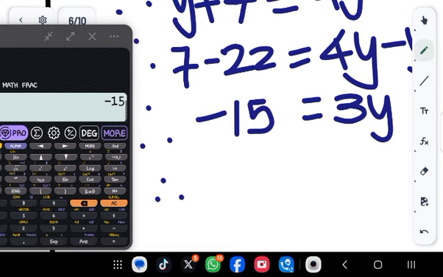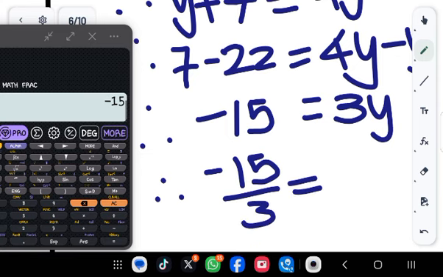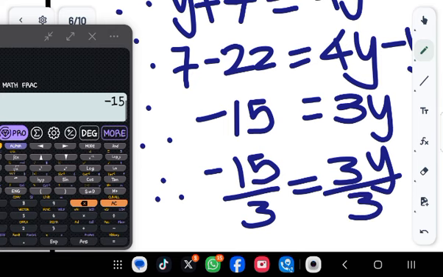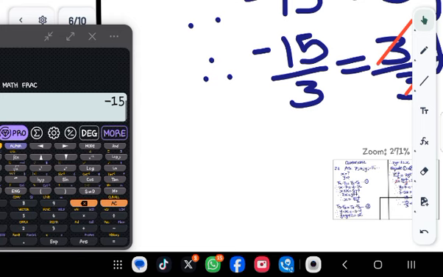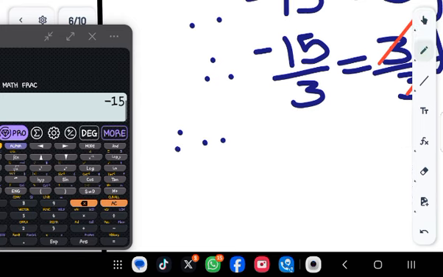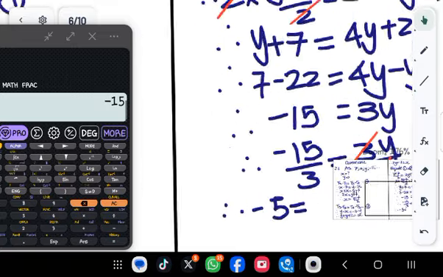And now we divide both sides by 3. So that's negative 15 over 3, that is y. 3y over 3, the 3's cancel out over here, and negative 15 divided by 3 is negative 5, and that gives us the value of y.